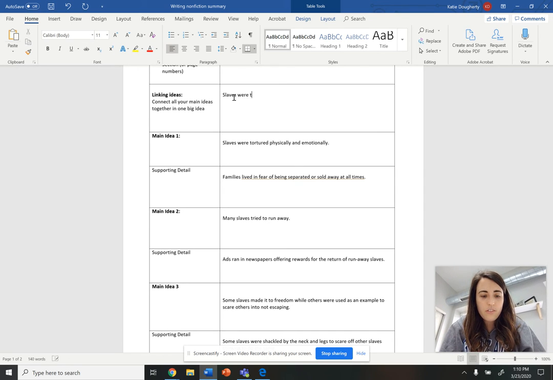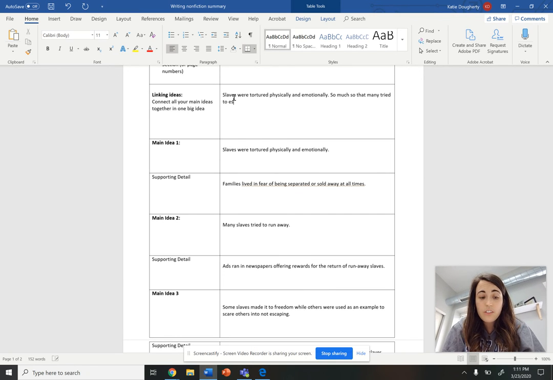Slaves were tortured physically and emotionally, so much so that many tried to escape.